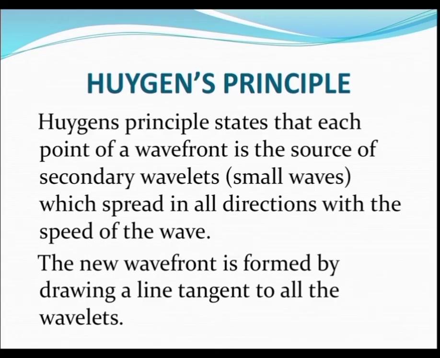So Huygens principle states that each point of the wavefront is the source of secondary wavelets, small waves which spread in all directions with the speed of wave. The new wavefront is formed by drawing a line tangent to all the wavelets.